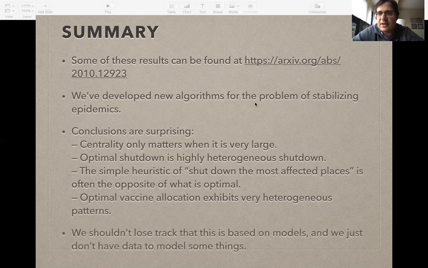We should not, nevertheless, lose track that this is based on the available data, and the available data has a lot of blind spots. For example, all these results are based on data for how much people from counties in New York interact with each other. And it's based on a certain service called SafeGraph, which is based on pinging people's cell phones and seeing where they're located.